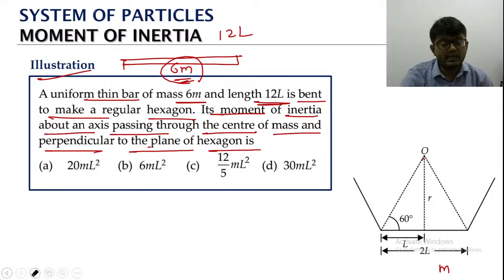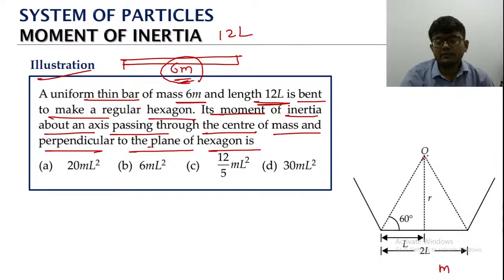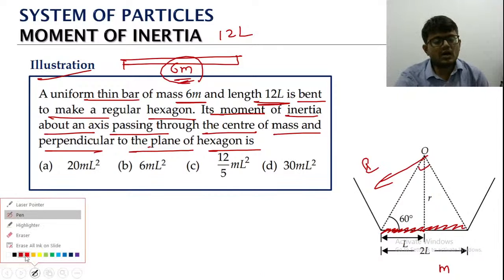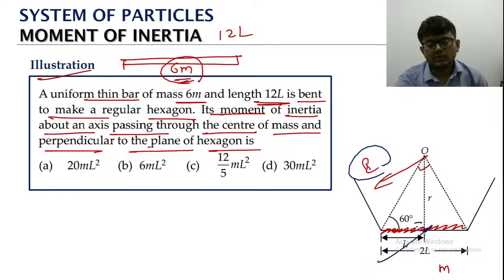For that, this is the axis, right? There is a rod 1, like that we will say. For the rod 1, let us draw an axis which is parallel to the chosen axis and passing through the midpoint of the rod 1.